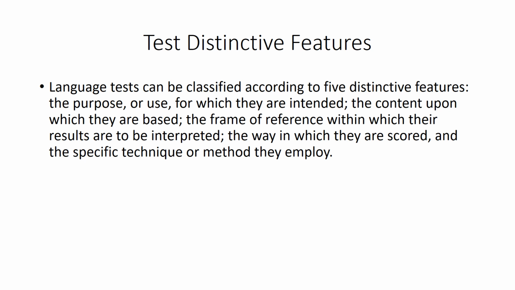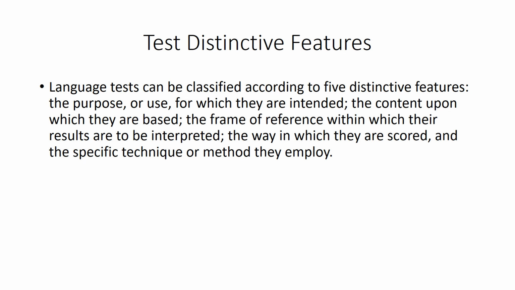We know that tests should have a purpose. As a teacher, in order to make or conduct a test for your students, you should have in mind an objective to achieve, a purpose that you want to arrive at. So the first feature of a good test is that it should have a specific objective.